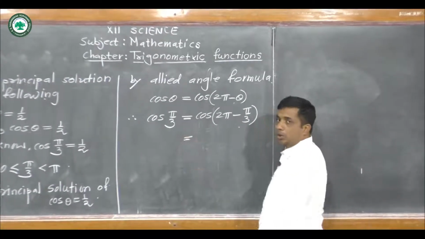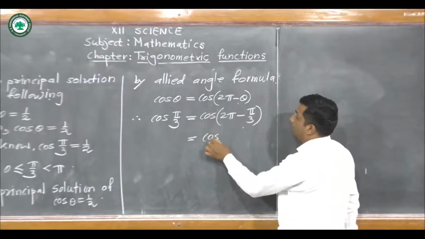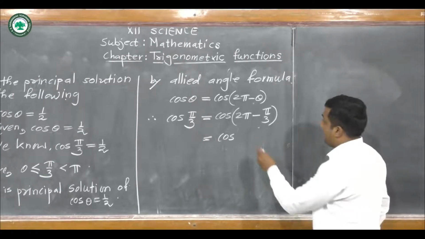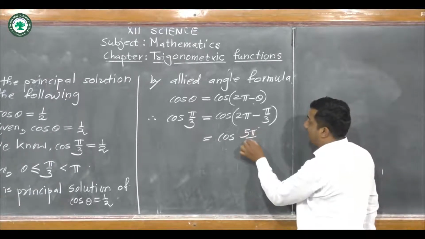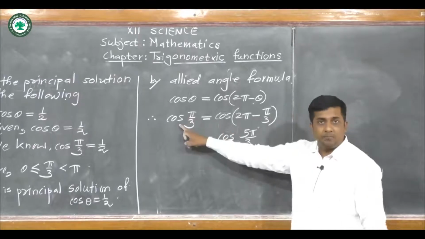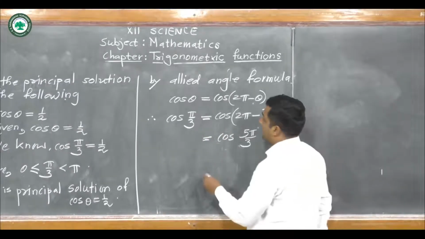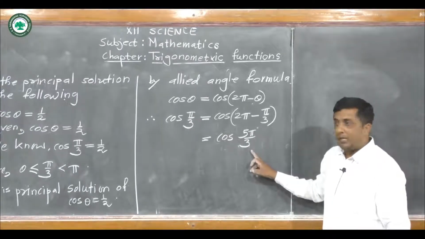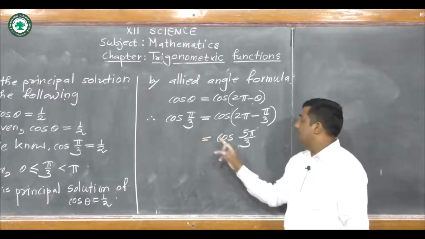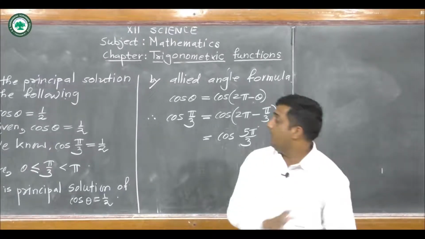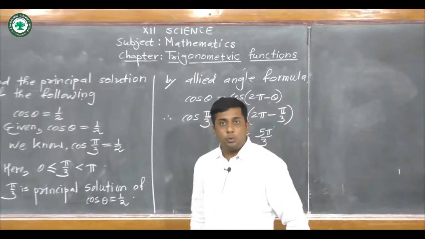Now this is equal to cos of 2 pi minus pi by 3, which is 5 pi by 3. If we compare both sides, we get cos of pi by 3 is equal to cos of 5 pi by 3, having the same value 1 upon 2.